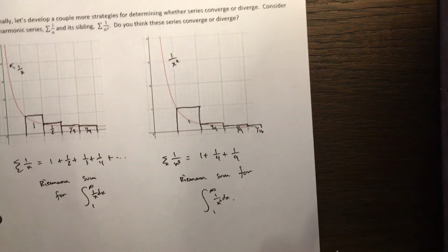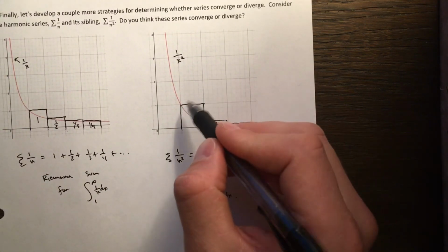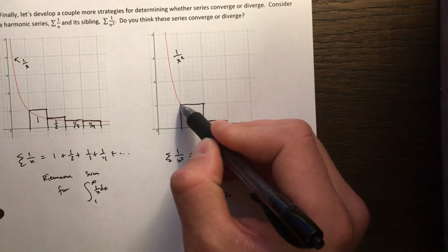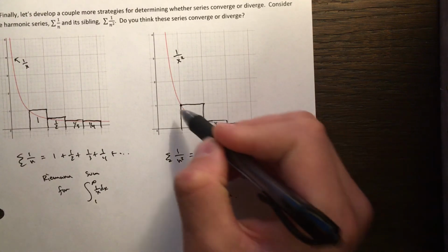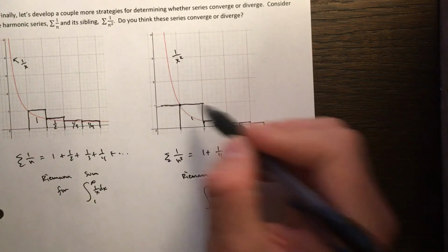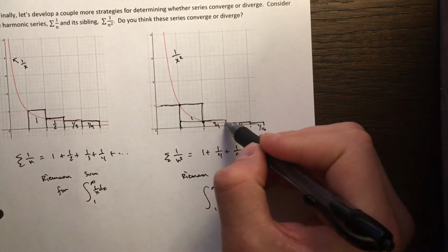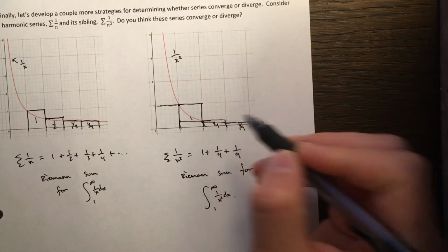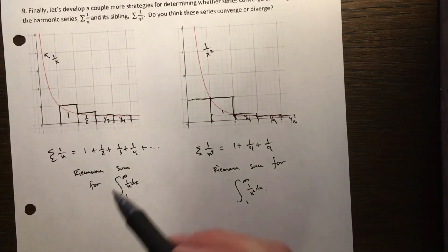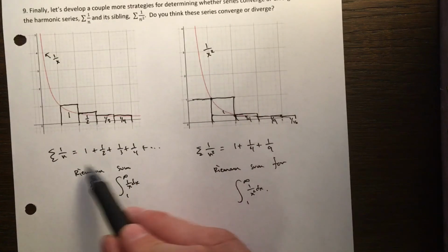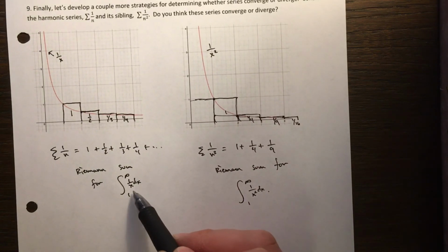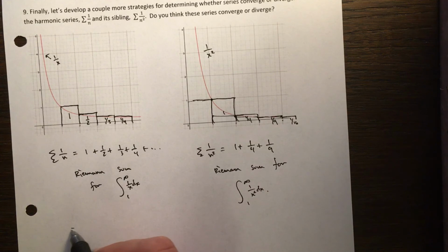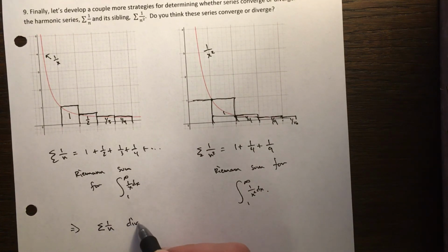But having drawn that, I wish I'd drawn it in a different way. I wish I had used this height here, and then this one, and then this one, and then this one, because then it would look like it's less. So we can see that this Riemann sum is bigger than this, but we know that this diverges, which means that this diverges.